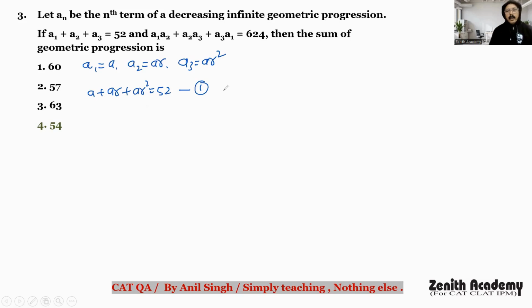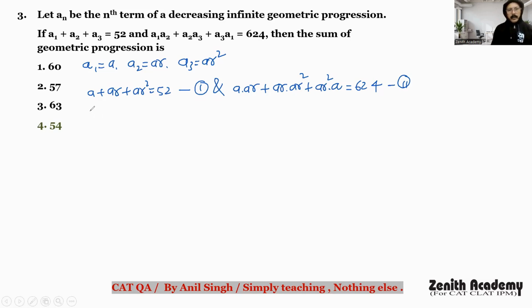Okay. And here a1a2 means A times AR, a2a3 means AR times AR square, and AR square times A is equal to 64. This is equation number 2.